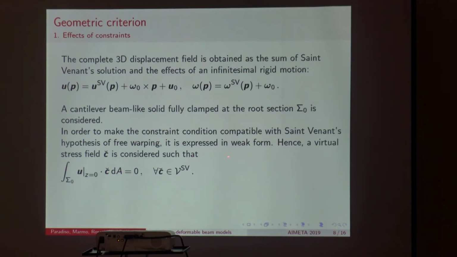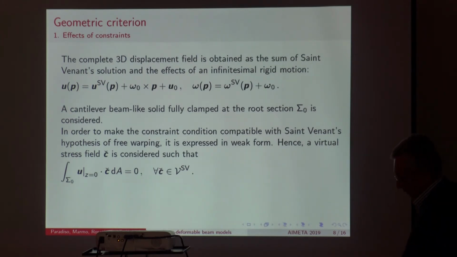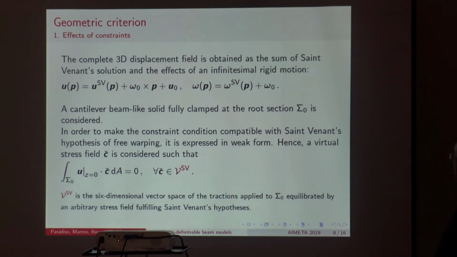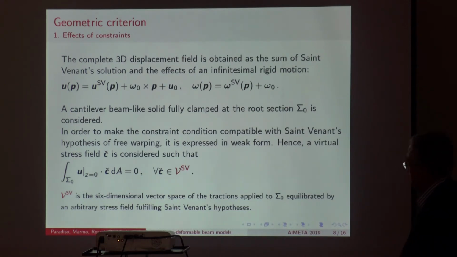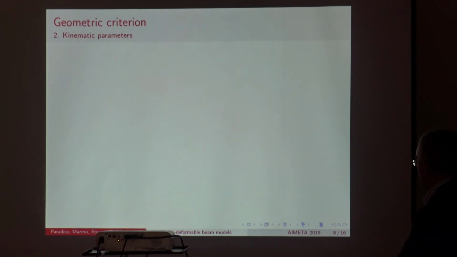That is, we enforce this orthogonality condition between the displacement u at the initial section and this arbitrary stress vector, an arbitrary stress field fulfilling the Saint-Venant hypothesis. So this is our criterion for establishing the equivalence in terms of constraints on the 3D model.